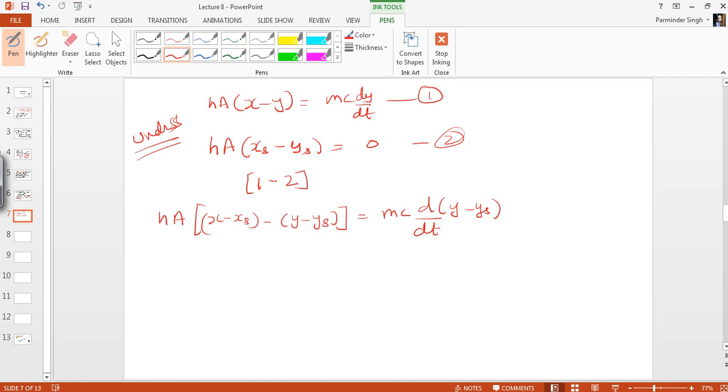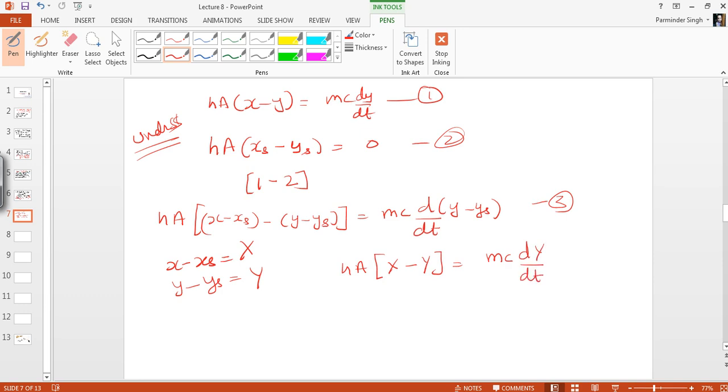Now let's introduce the variables. Suppose for X minus Xs, let me write a capital X, and for Y minus Ys, let me write capital Y. So your equation 3 becomes HA(capital X minus capital Y) equal to mC dY/dt.